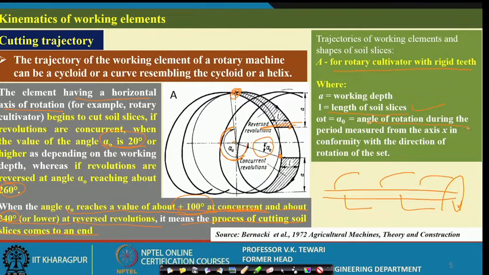Then we have this. Well, this we have taken from a source to explain the details. You may have more details, you may see there itself. Now, alpha 0 is the angle of rotation during the period measured from the axis x in conformity with the direction of rotation of the set. So, omega t gives us alpha 0.